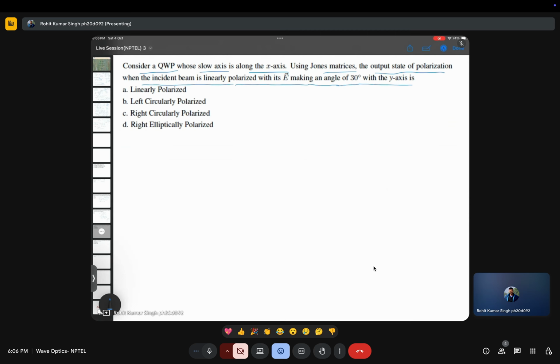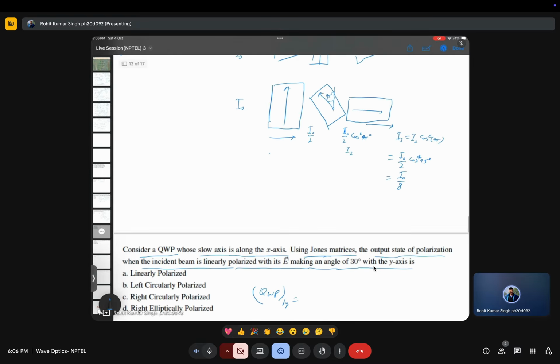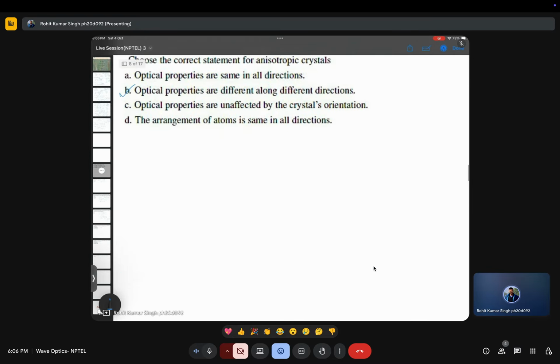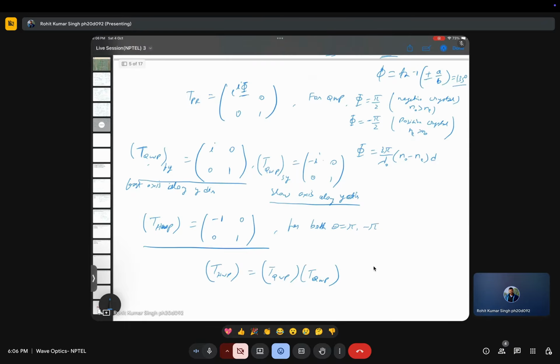Okay, so we have to use the Jones matrix, and for a quarter wave plate whose slow axis is along x-axis, that means fast axis is along y-axis. So that's what we have derived, right? Which is given by this formula.